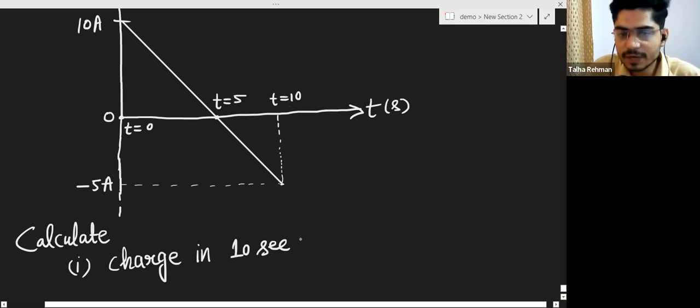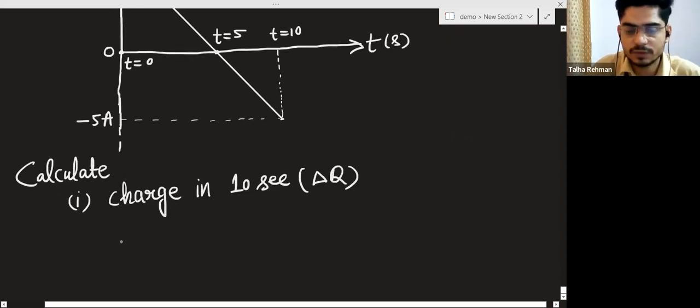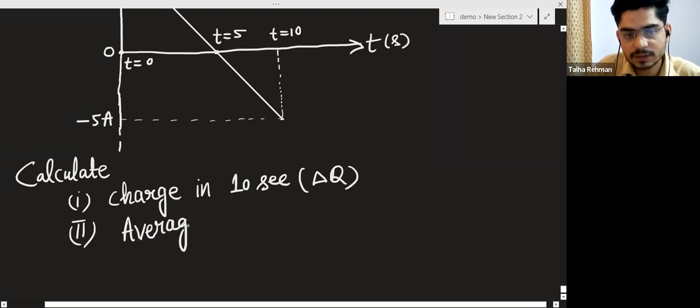So we will calculate the average current now. Average charge, or you can say average current. So average charge delta Q, we will calculate the value of delta Q. And now they are saying calculate average current in 10 seconds.